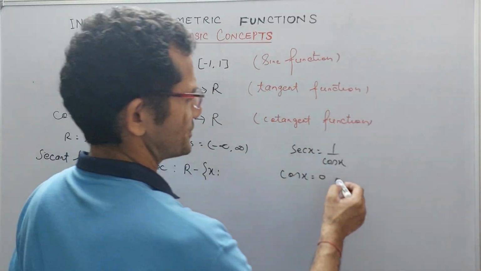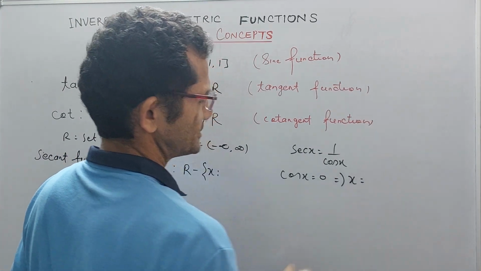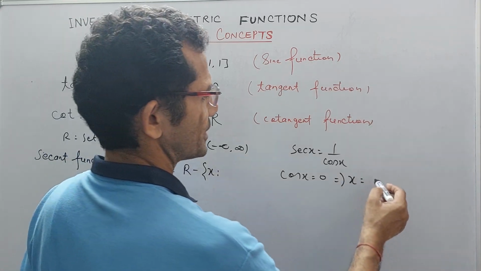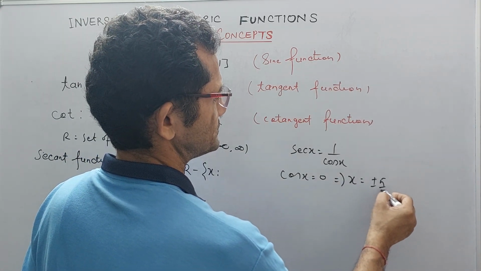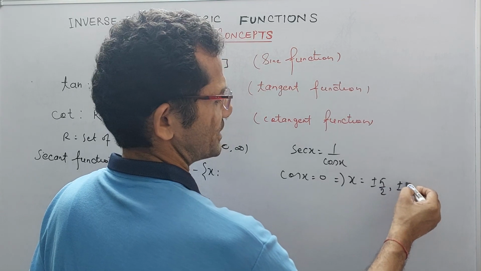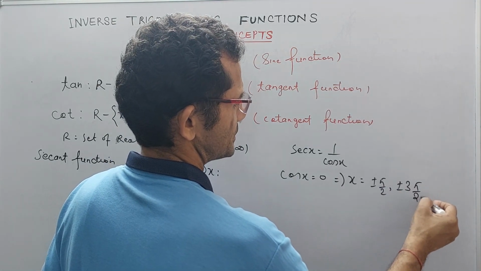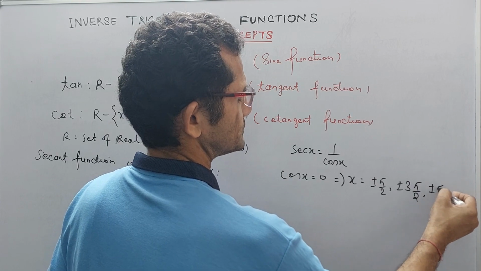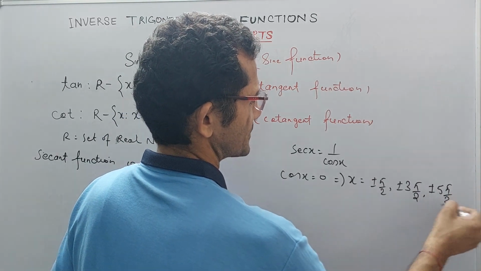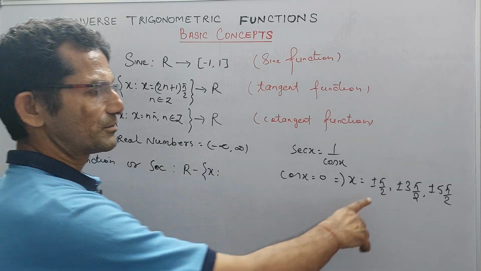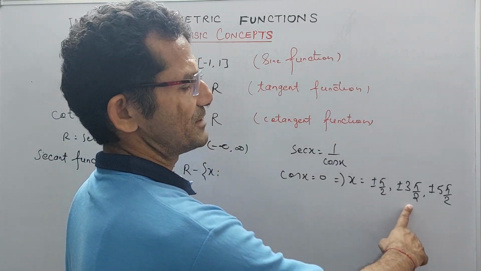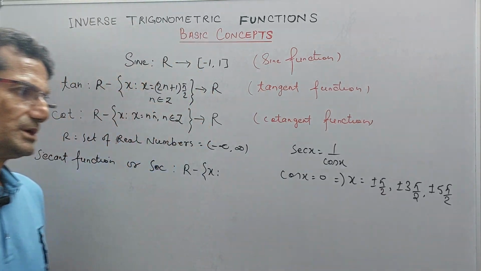So cos x will be 0 if the angles of the cos function are odd multiples of pi by 2. It means plus minus pi by 2, plus minus 3 pi by 2, plus minus 5 pi by 2, and so on.